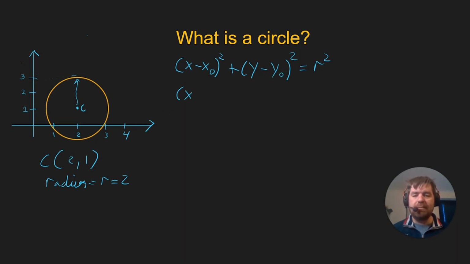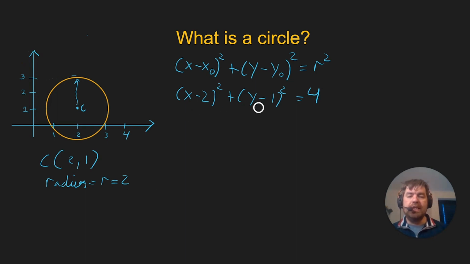So x minus x0, x0 is 2, so x minus 2 squared plus y minus 1 squared equals radius squared. Radius is 2, 2 squared is 4. So this is the circle equation for this circle. And we can use this to calculate whether a point is a point on the circle or not.